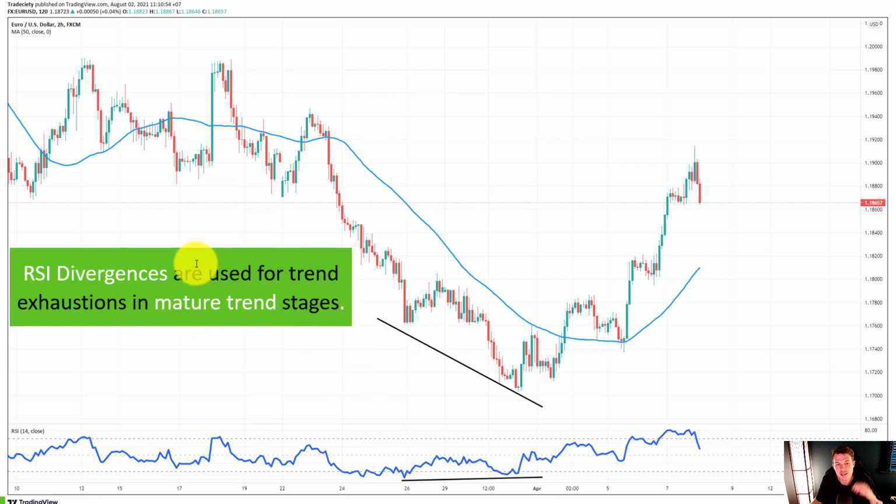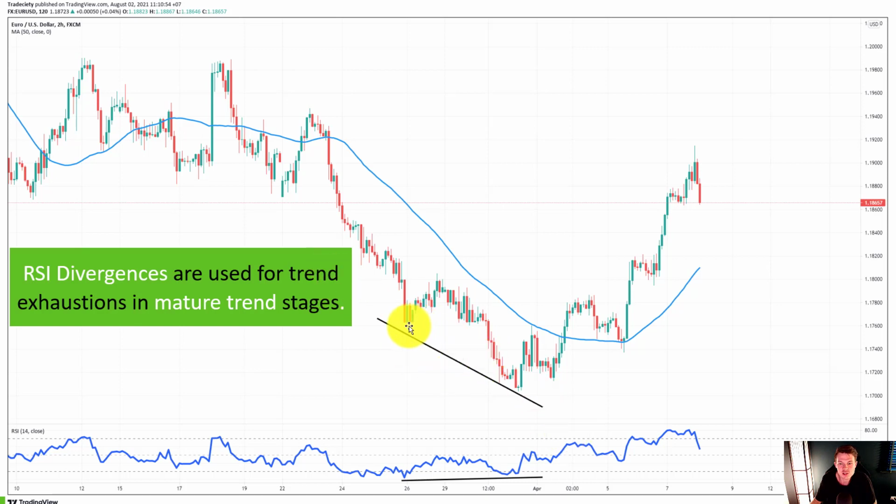If you can see a divergence in a mature trend, that is often a sign that the market is slowing down. And when you look at a wedge, for example, in a mature trend, a wedge will almost always come with a divergence. You could also try to find head and shoulders patterns with a divergence. They often come up as well, and they already indicate that the trend is slowing down.